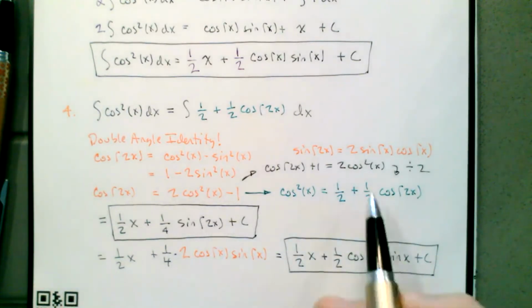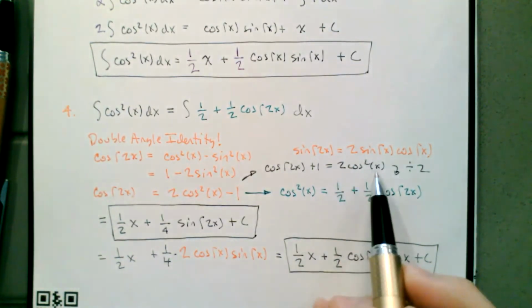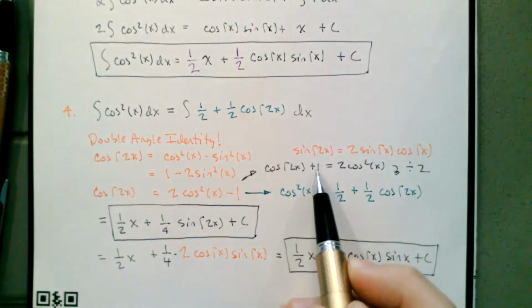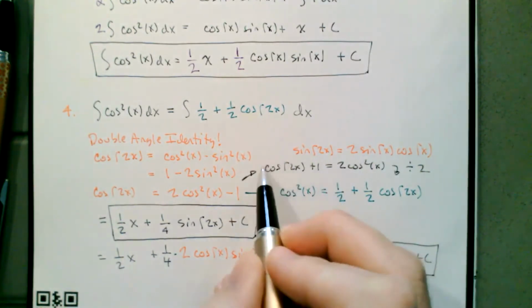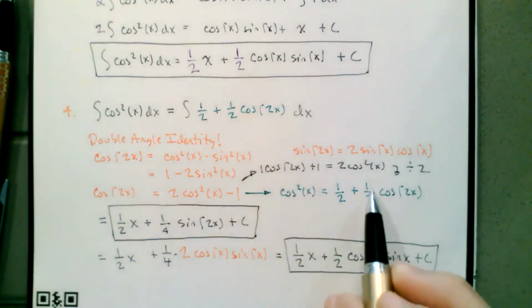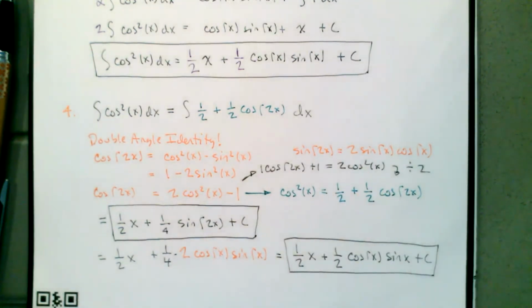Divide 2 cosine squared by 2, you get cosine squared. 1 divided by 2 is a half, and then cosine of 2x divided by 2 is a half cosine of 2x. Got it. Thank you.